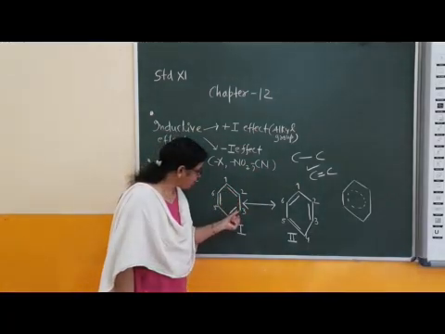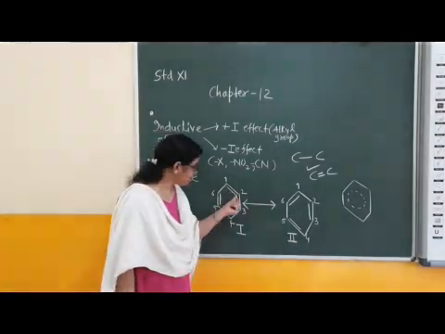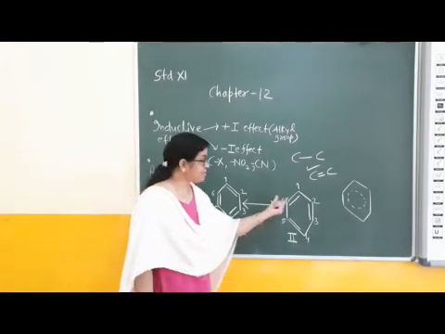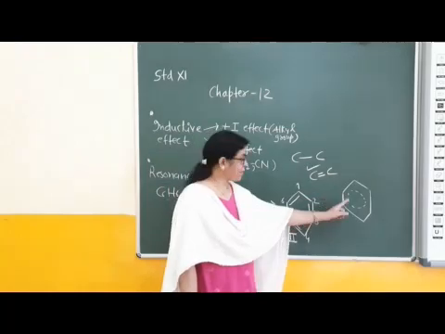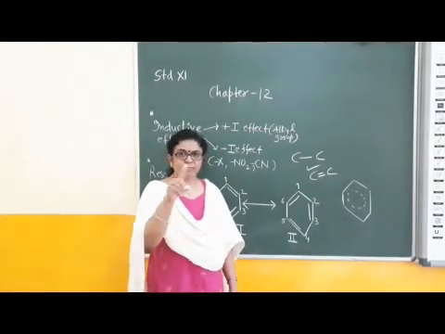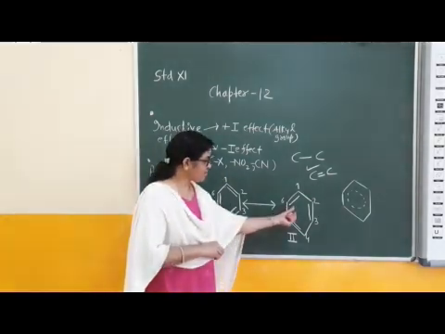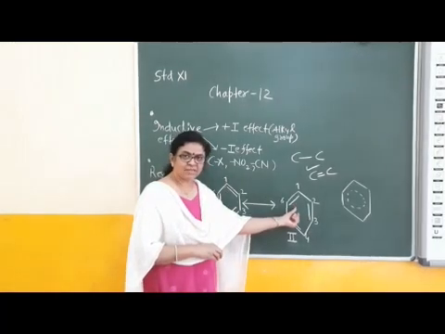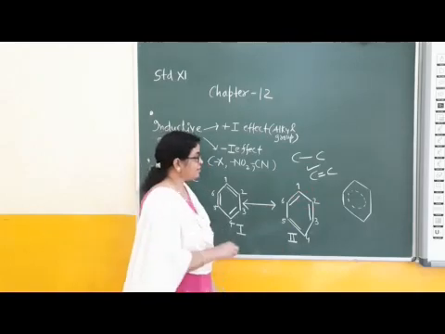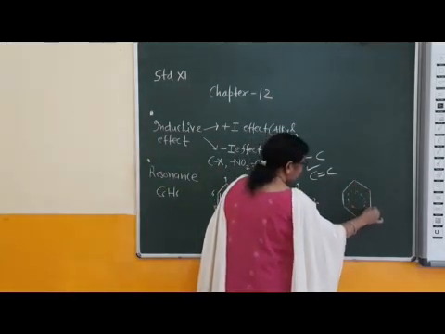Each carbon-carbon bond length is fixed, the same. This length is equal to this length and this length is equal to this. Children, this is the true structure which is shown by the loop. This structure is cyclic. And what is the shape of the moving pi electrons? Circular. Right? The fast movement, or delocalization, of pi electrons is shown by this loop. Then this carbon-carbon bond length is equal to this one, is equal to this.